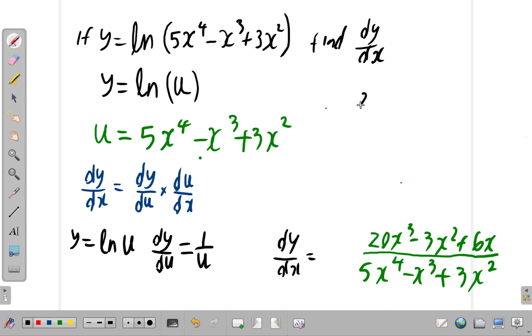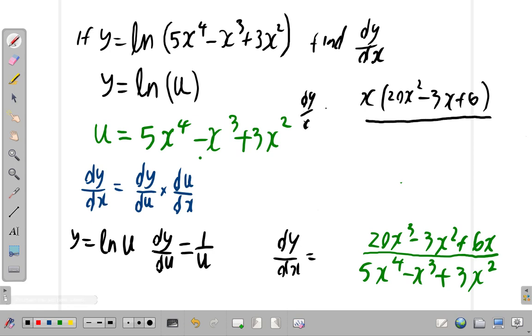We have x outside the bracket, 20x squared minus 3x plus 6 when you simplify. So this is going to be dy by dx, remember, and we have x squared outside the bracket here, so we have 5x squared minus x plus 3 inside the bracket.